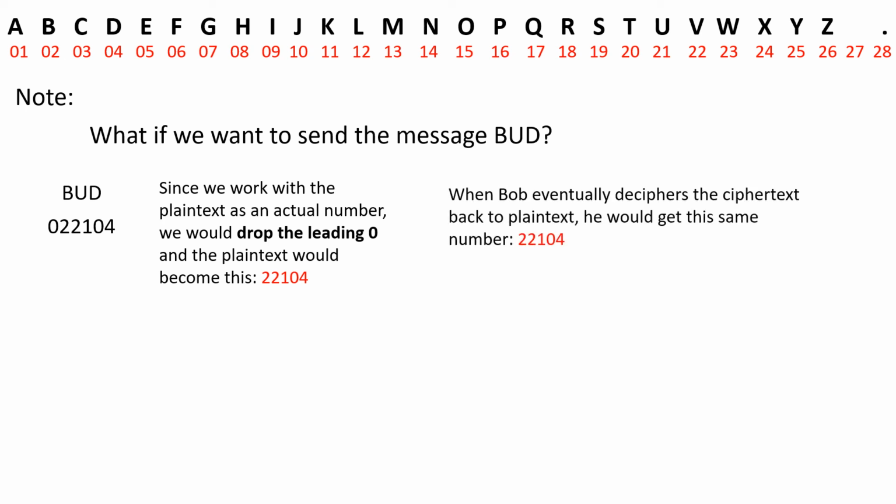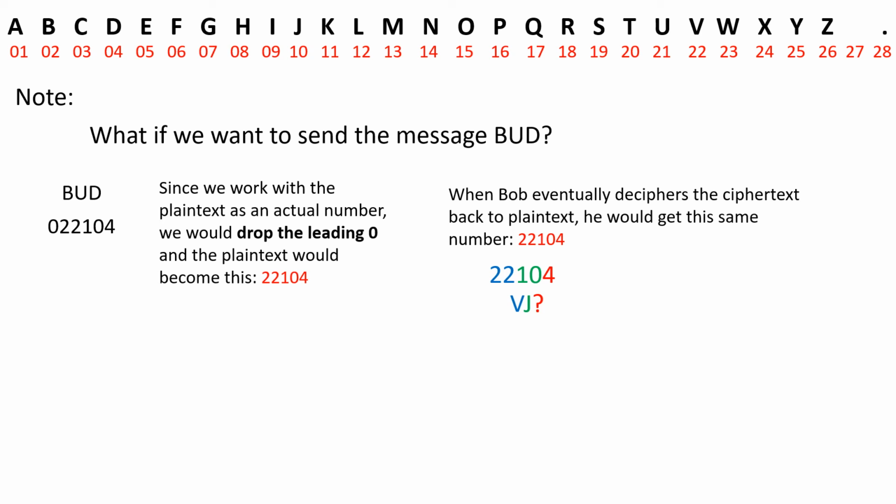Then Bob would eventually decipher that ciphertext back into plain text, and he would end up getting 22104. Now, what he has to do, if he just saw that, he would go, okay, the first two digits are 22, so he would go to 22, and that's a V, and then he'd go to 10, and that is a J, and then there's this 4 by itself, and he'd go, well, what's that?